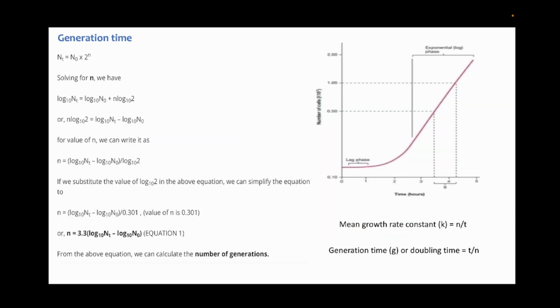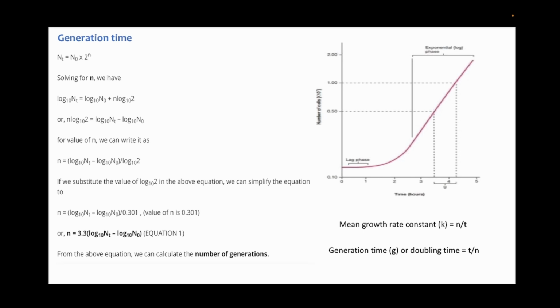So this is the formula to calculate the generation time. So by solving for n, by logging it, you can come up to this final equation. So n tells you the number of generations.